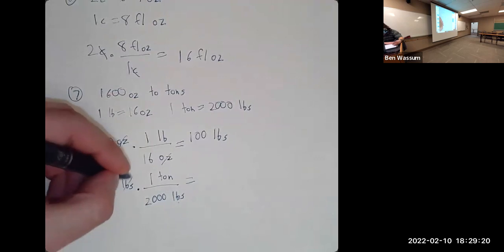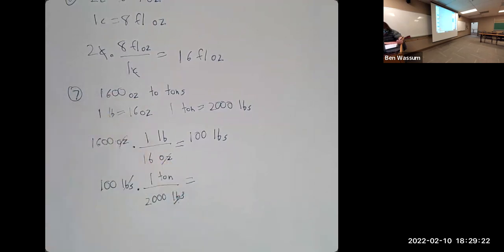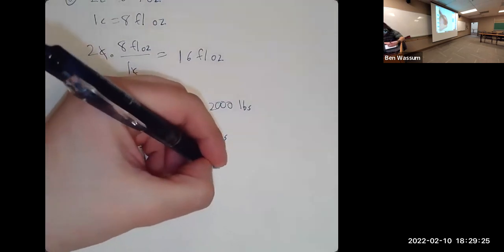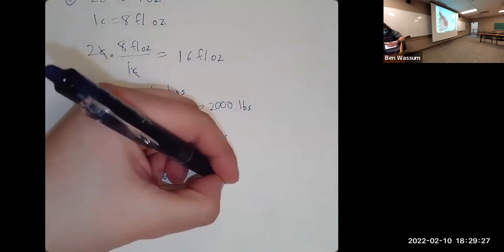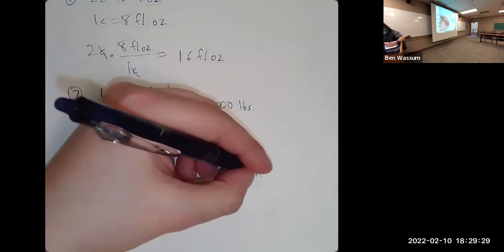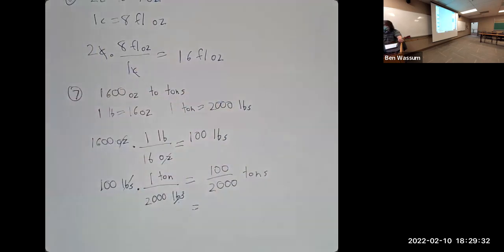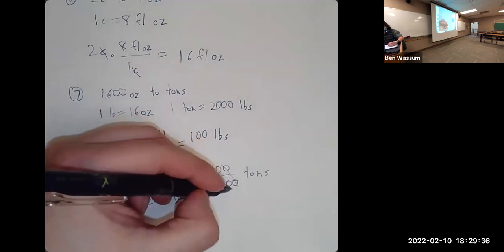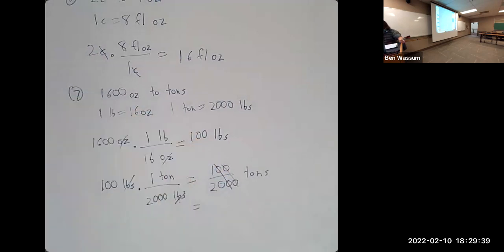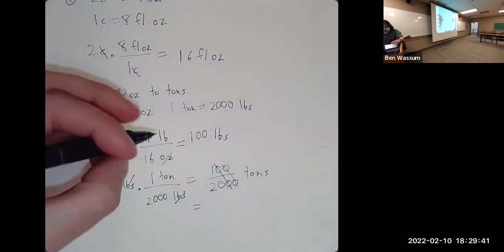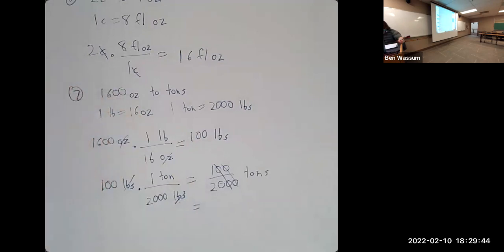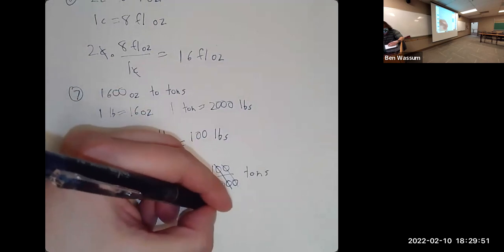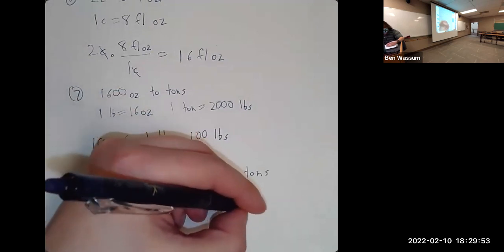Multiply through, we have 100 over 2,000 tons, which is effectively 1 out of 20, which should be 0.05, I believe. Yeah, 0.05 tons.